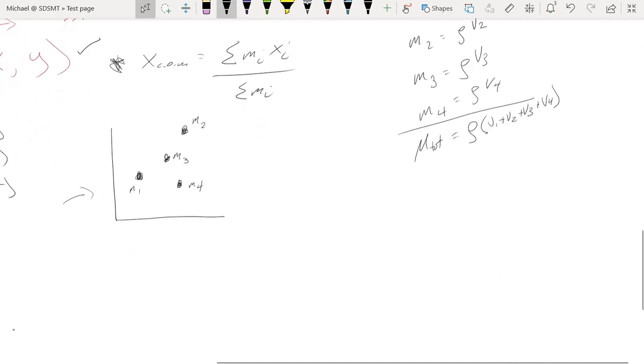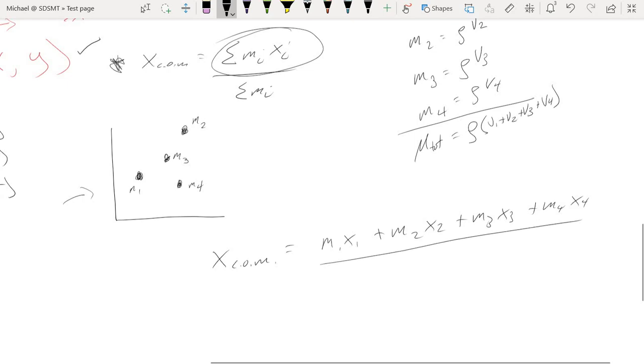So for the X component, we need each individual mass times its individual location. So mass 1, x1, mass 2, x2, mass 3, x3, mass 4, x4, all divided by the total mass of the system.